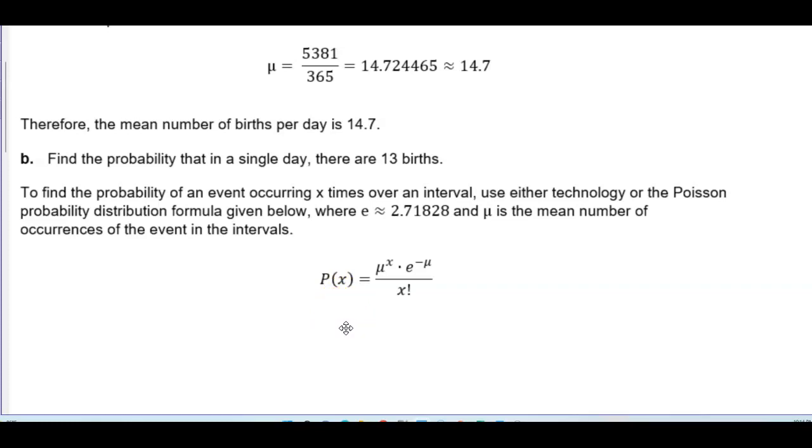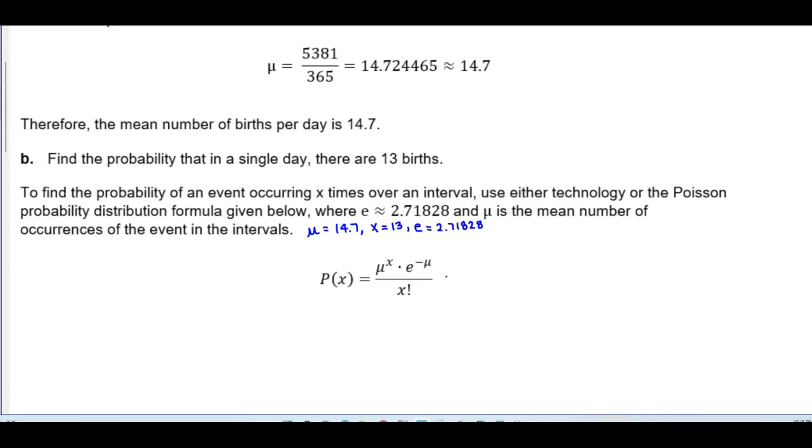We know that the mean in our problem is equal to 14.7. And we know that X is equal to 13 because it's exactly 13. And we know the value of e is equal to 2.71828.